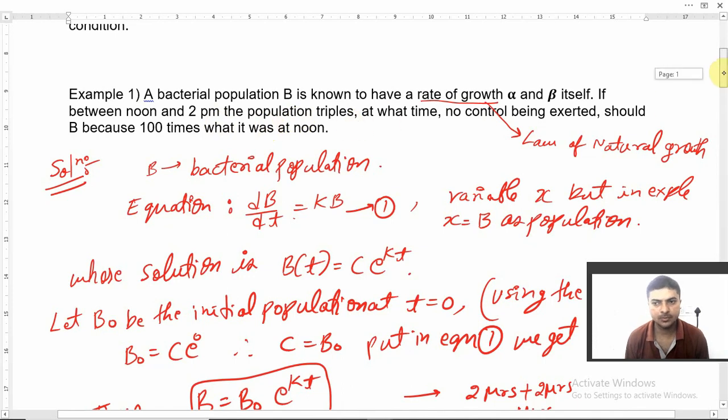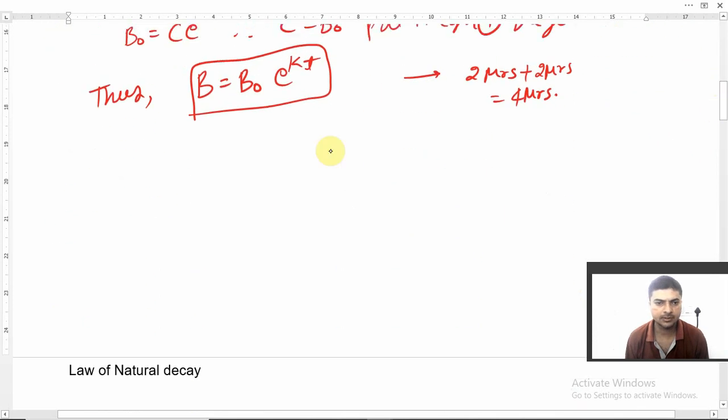I will use this condition, population triples, at noon to 2 p.m. Am I right? I will use the condition. I am going to take t is equal to 2. So there are 2 hours. Noon means 12 p.m. to 2 p.m. The time between this we have taken as 2 hours.